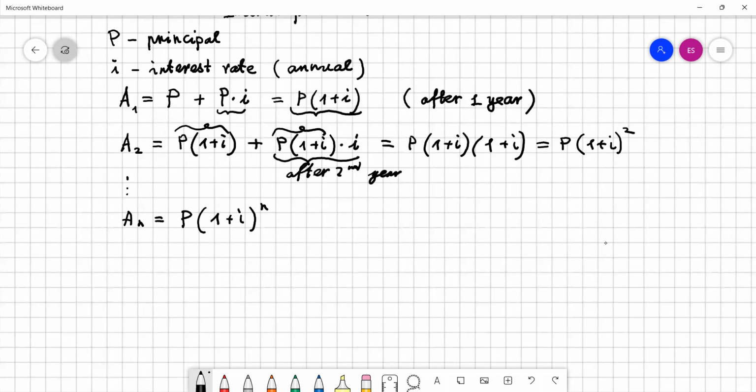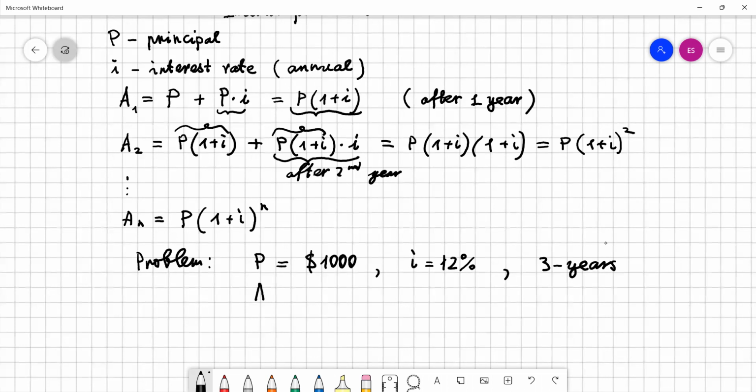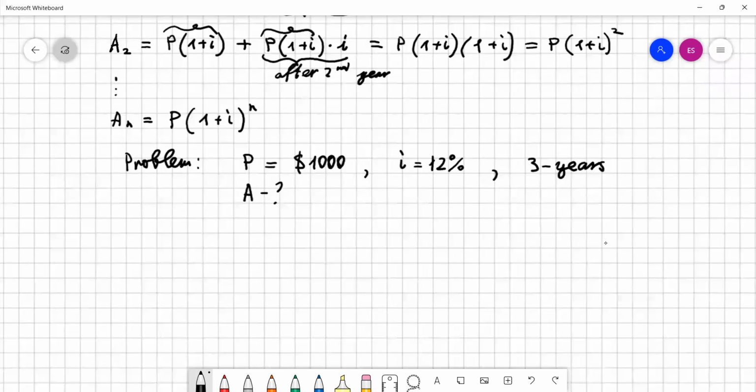Let's imagine that somebody is bringing an amount of 1,000 to the bank, and the bank gives 12% annual rate, and you are keeping it for 3 years. So what is going to be the total amount on account? The question is A after 3 years. What is going to be after 3 years?